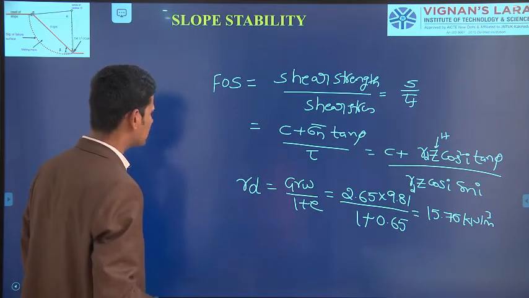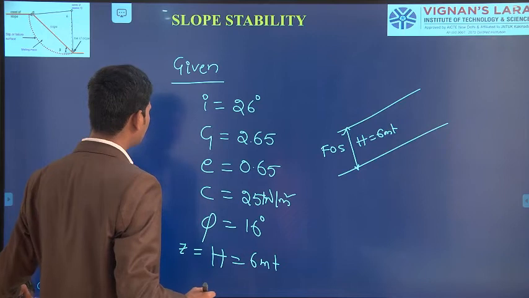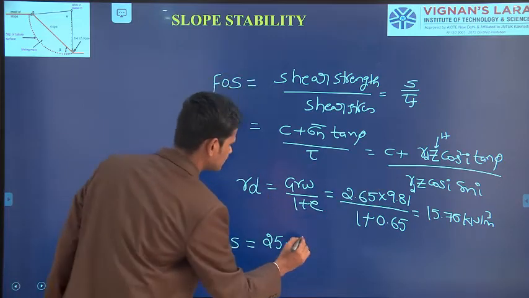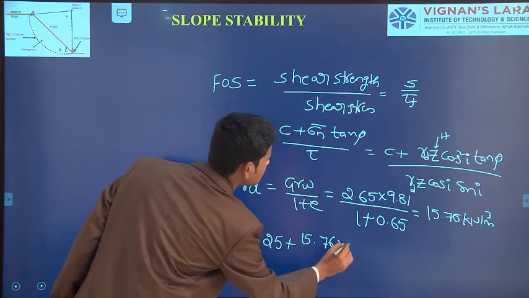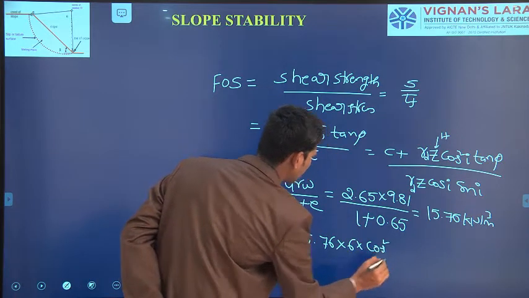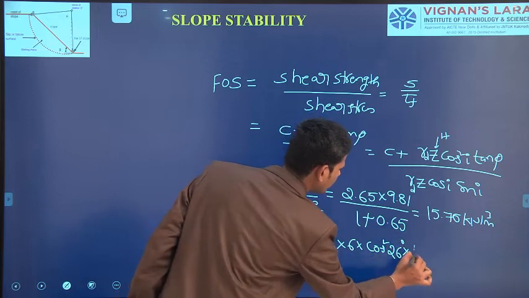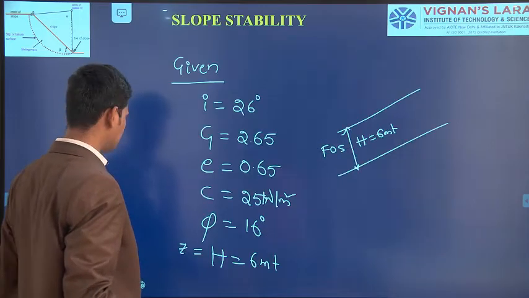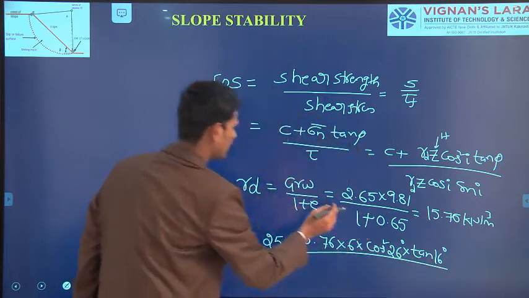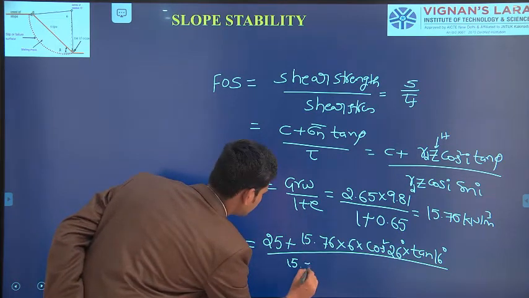Factor of safety equals cohesion, given in the problem as 25 kilonewton per meter square, plus gamma D, 15.76, where Z is the total depth of the soil mass, 6 meters, and cos square i, where the angle of inclination is given as 26 degrees, that is cos square 26 degrees, into tan phi, where phi is the angle of internal friction, tan 16 degrees, divided by gamma D into Z into cos i into sin i. Again gamma D is 15.76.